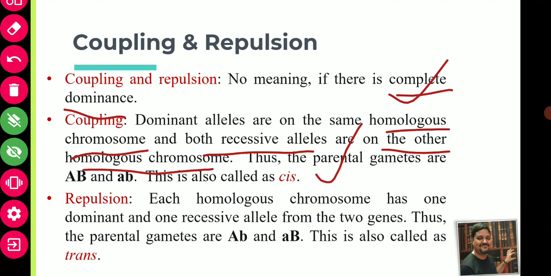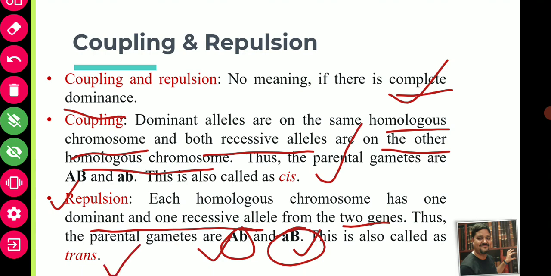Similarly, repulsion. Each homologous chromosome has one dominant and one recessive allele from the two genes. Thus, these are not parental gametes but a new combination, that is capital A small b and small a capital B, and they call this situation trans.